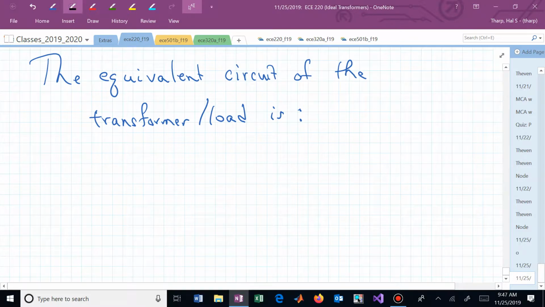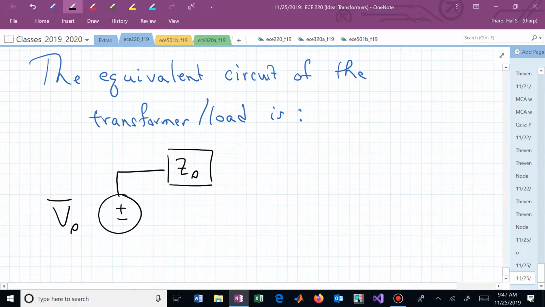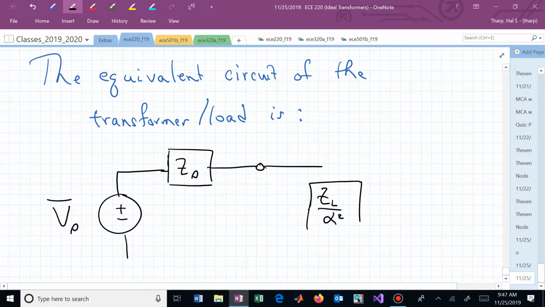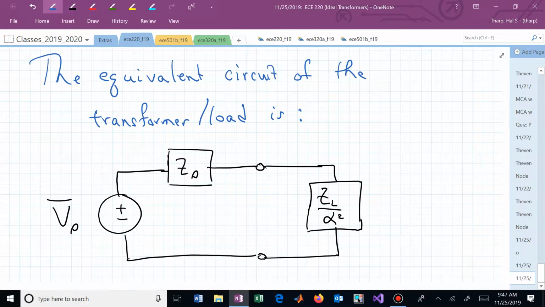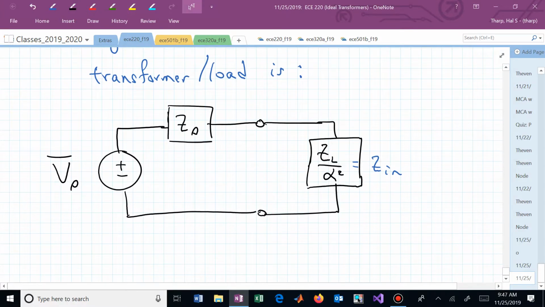we can now redraw that. Here is our Thevenin voltage, V sub S. Here is our Thevenin impedance, Z sub S. But now, connected to that, or transformed through the transformer, is now Z sub L over alpha squared, which we were calling Z sub N. And now you can analyze this circuit.